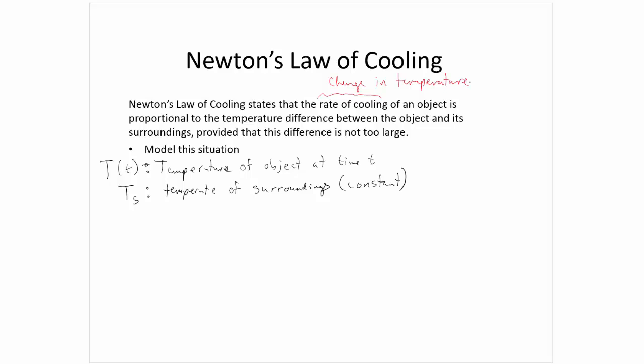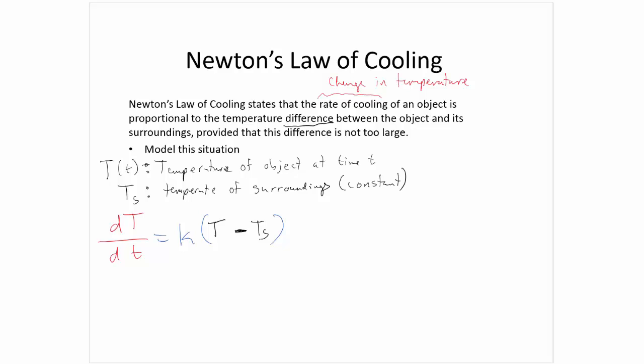The rate of cooling of an object is proportional to, so the change in temperature with respect to time is equal to k times something. The temperature difference, I'm subtracting, right, between the object, T, and its surroundings, T sub s.